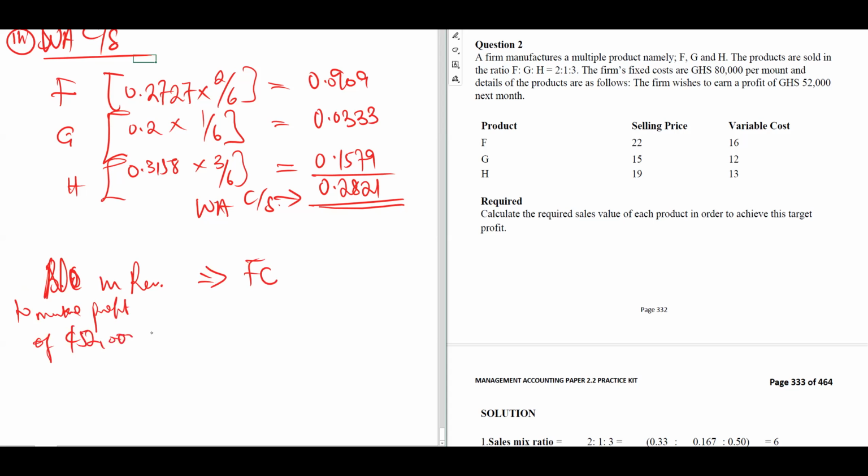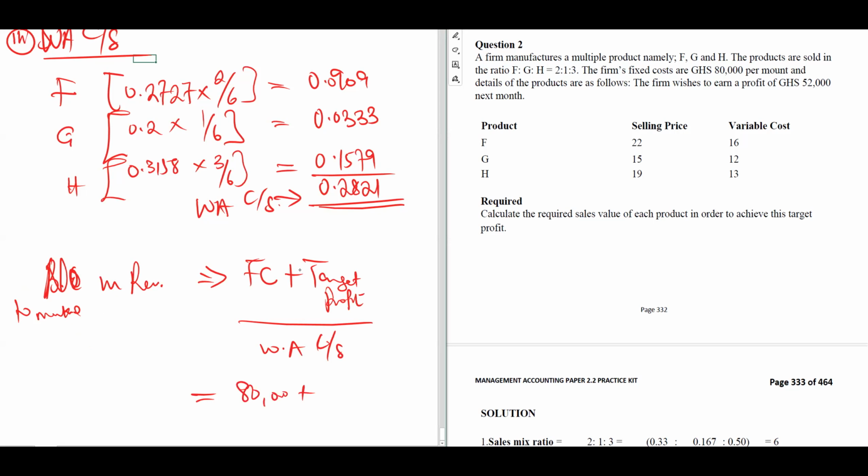So I take my fixed cost plus the target profits, all over my weighted average CS ratio because I need revenue. So in that case, fixed cost was 80,000. I want to make profit of 52,000, divided by CS ratio of 0.2821.